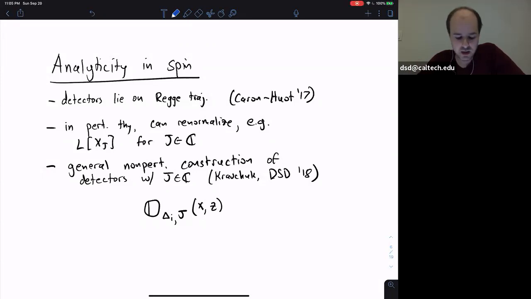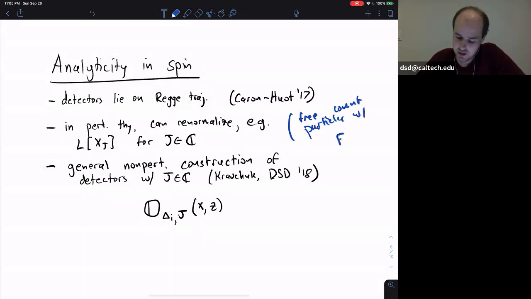And in a free theory, it's easy to see what these detectors are. In a free theory, remember that we were counting particles weighted by e to the j minus 1. Because energy is positive, we're free to pick j to be any complex number we like, and we get a good detector in a free theory.